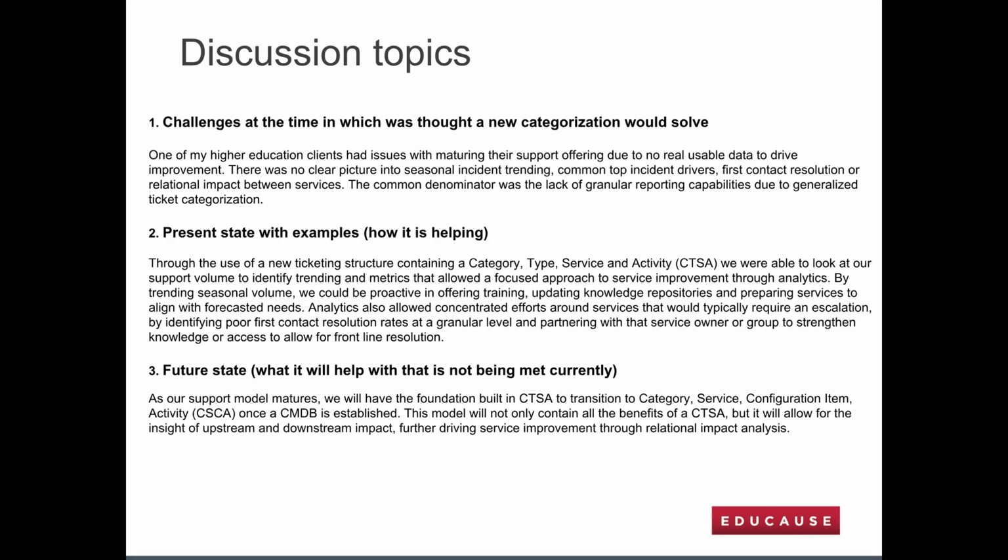And going into some of my engagements, that historical data just wasn't there. So what we would lack going into that would be things like seasonal incident, top contact drivers, first call resolution statistics, or relational data between services. All this is very important when you're trying to drive service improvement, because you've got to know where you are before you can put together a plan of where you want to be.